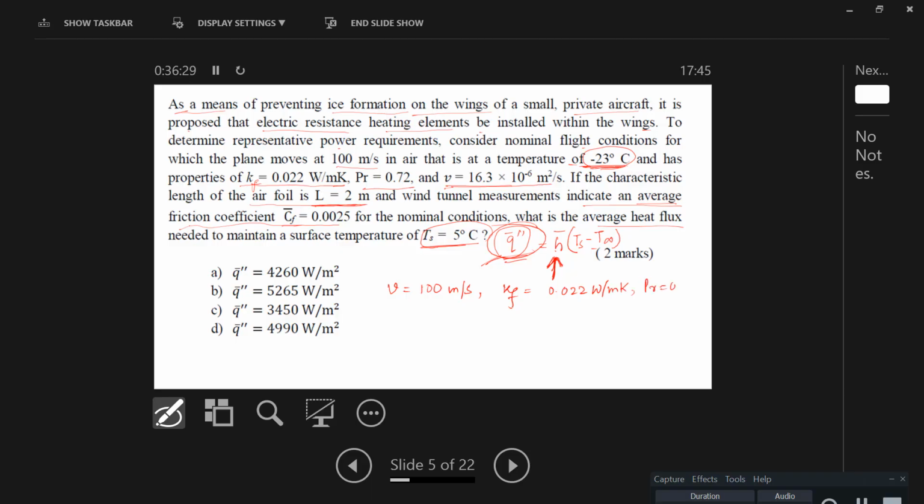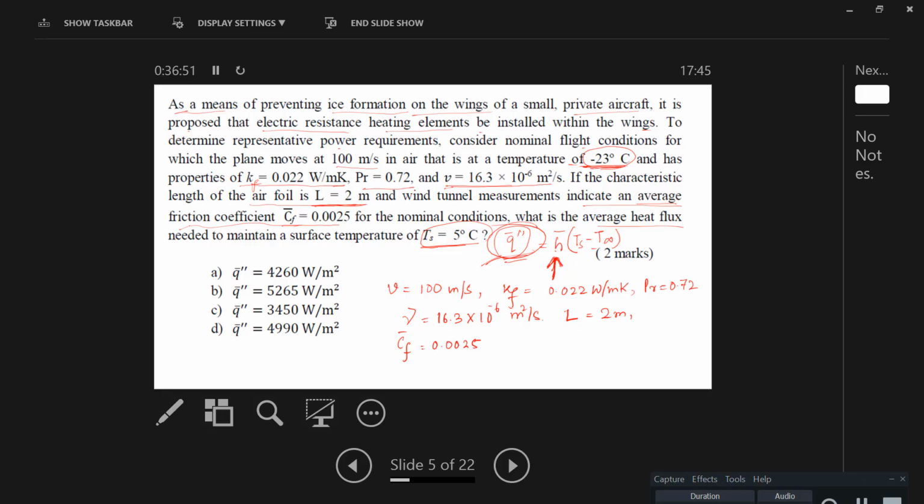Prandtl number is given as 0.72. Kinematic viscosity is given as 16.3 into 10 to the power minus 6 meters square per second. And the characteristic length is also given, 2 meter. And the average friction coefficient is given as CF equal to 0.0025.